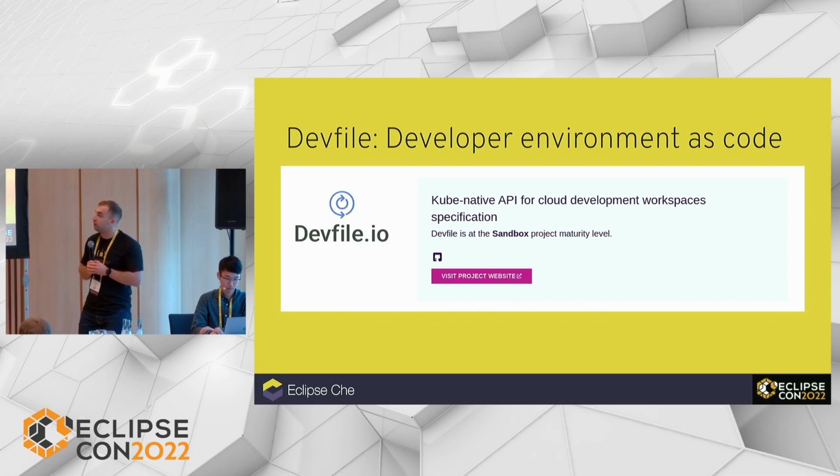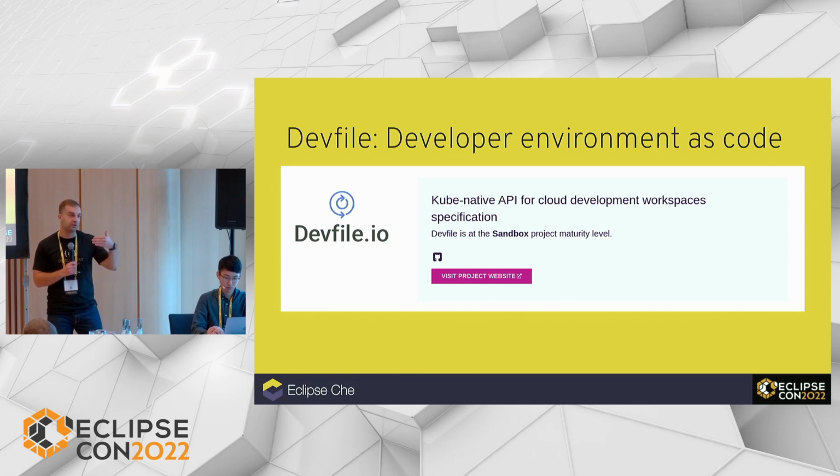So basically, if you think about it, the idea is very similar to a Jenkinsfile, when you store your Jenkinsfile inside of the repository in a declarative way, you describe your pipelines, and Jenkins understands this Jenkinsfile and creates it accordingly. So a very similar concept applies to the devfile, but for the development environment.